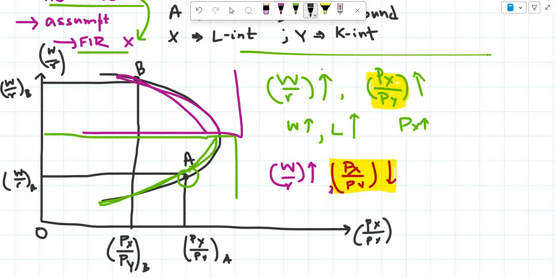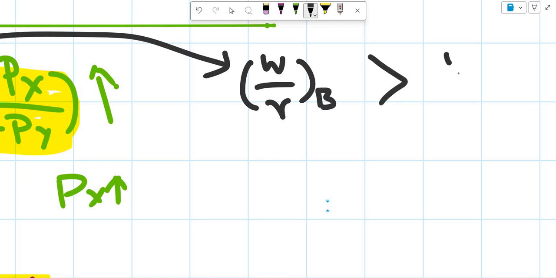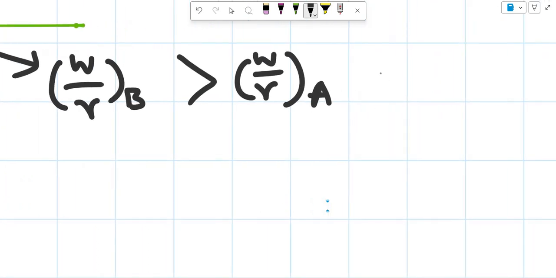But here is the issue. Suppose we consider W by RB is greater than W by RA, right? What does this mean?